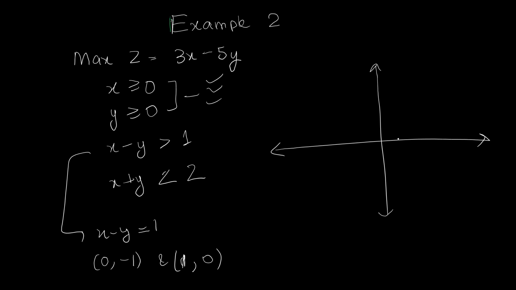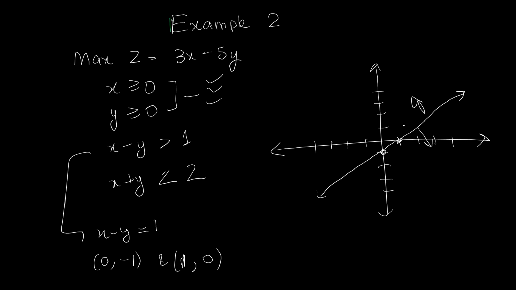Now again, we draw the line quickly because we have limited time. On the y-axis we have 0, negative 1, and 1, 0. So the line goes like that. Which side do we have, the upward side or the downward side?